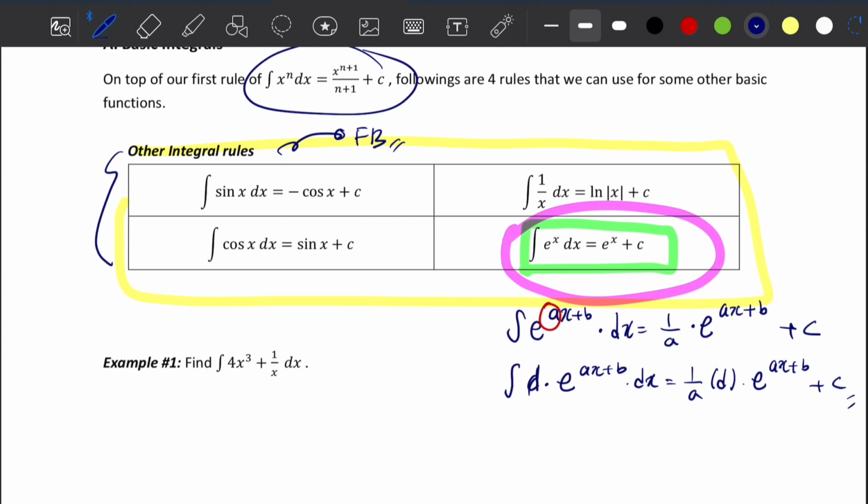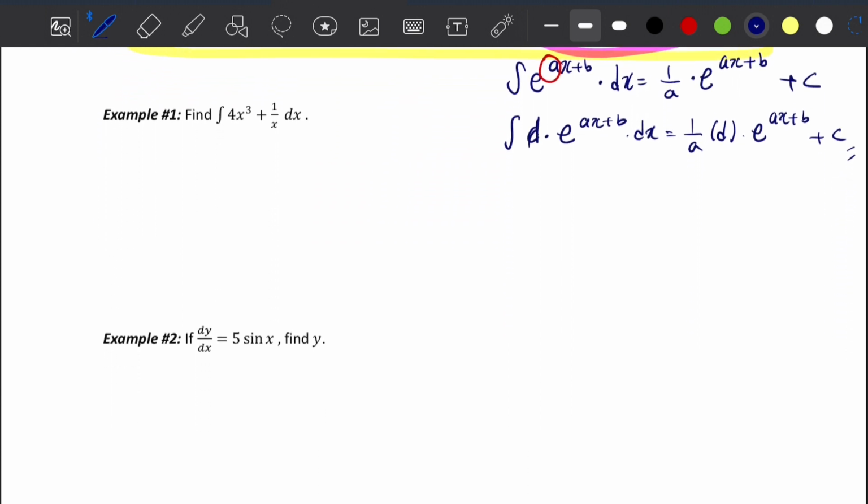Then let's try example number 1. We need to integrate 4x cubed plus 1 over x, times dx. This is one of the simplest rules. We can integrate the 4x cubed first: 4 times x to the power of 3, we add 1 to the power and divide the term by the new power.